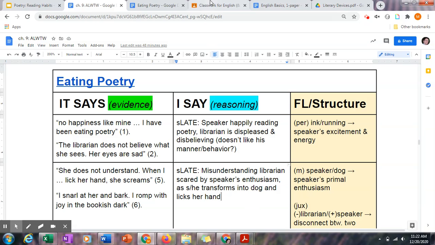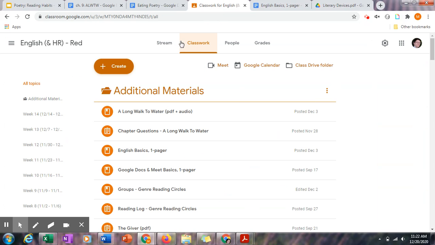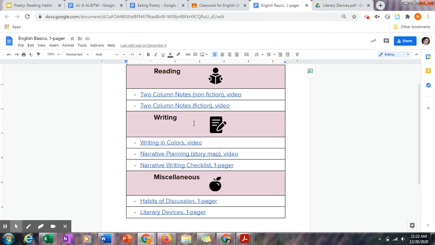One resource to show you: if you're on our Google Classroom on the classwork page, you'll see the third item down underneath additional materials says English Basics. If you open up that document, it has a library of different resources, some one-pagers and videos that show you some key habits.